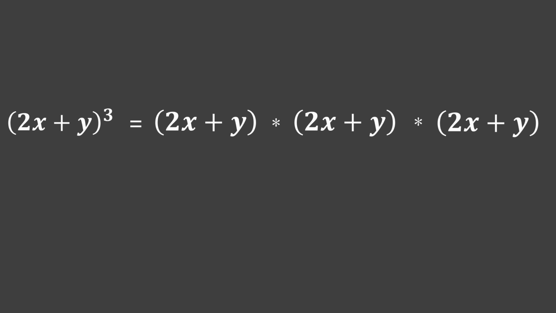That is to say, 2x plus y is multiplied in 3 places because it is raised to the power of 3. But in this particular video, we will not be expanding it manually. What we will be doing is to use the Pascal's triangle.